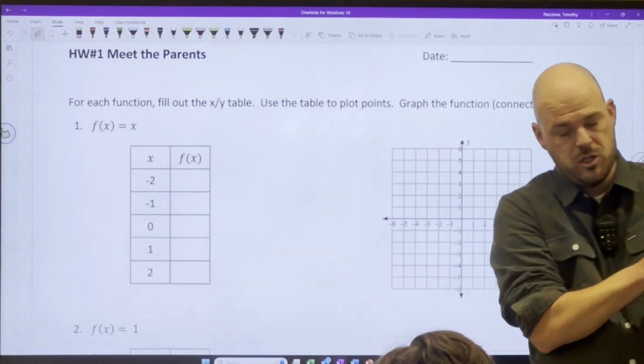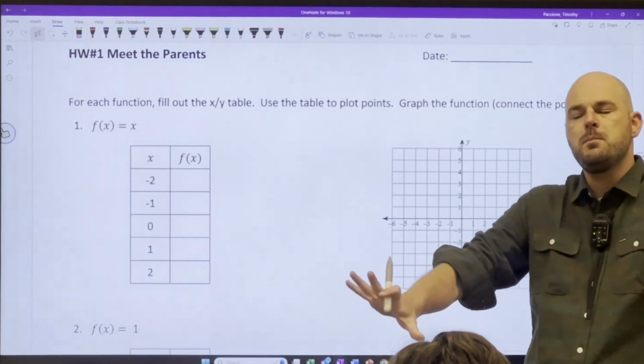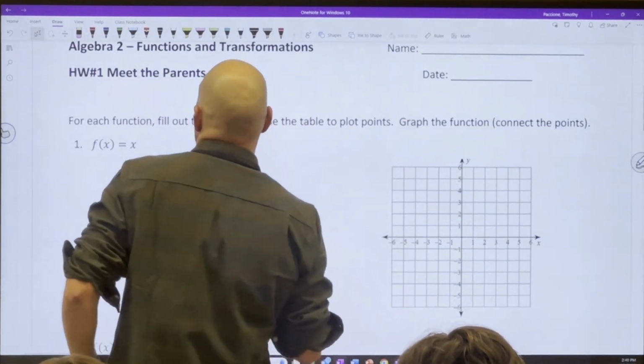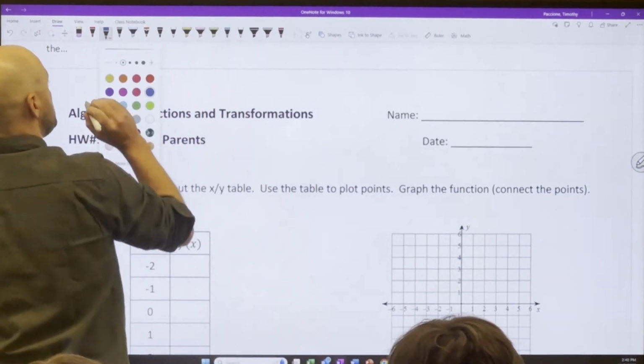And the parent function is the most basic, simple version of a function, right? So we'll start with that definition. We'll be writing all over this homework that you did.